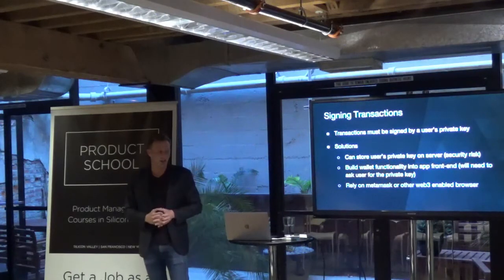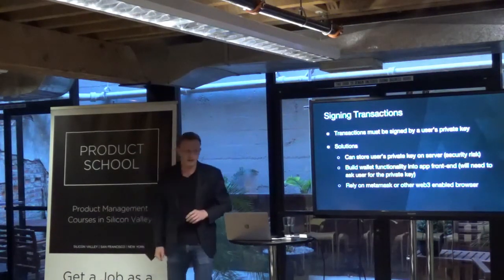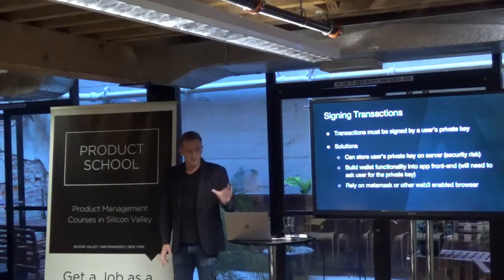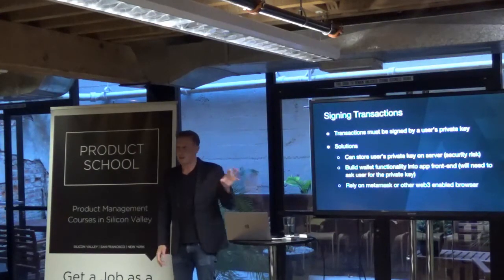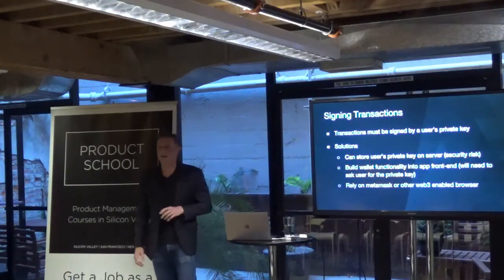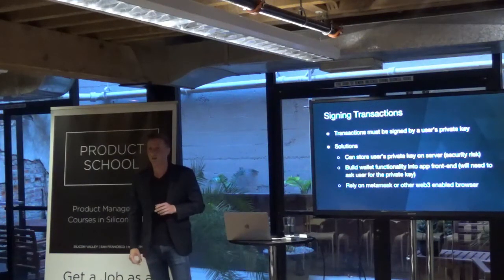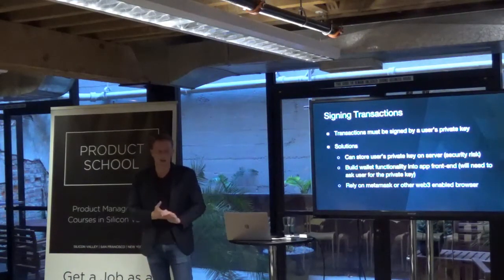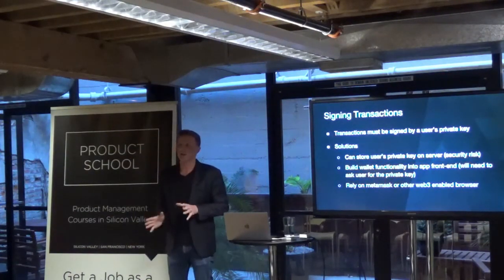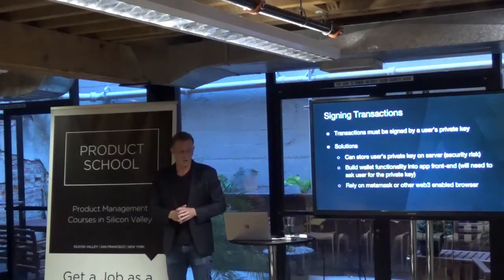For signing transactions, again, every transaction has to be signed by the user's private key to prove authenticity, or the blockchain will reject it. Common solutions here tie in very closely to the wallet. You can store the key on your servers and sign the transaction on the user's behalf, but it is a huge security risk, so be careful with that.